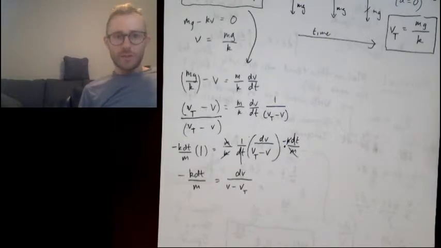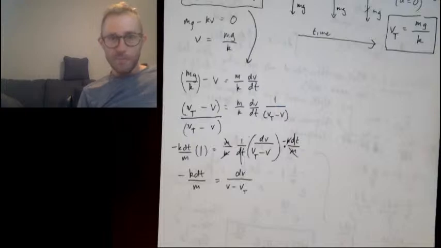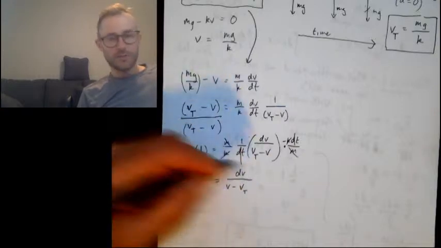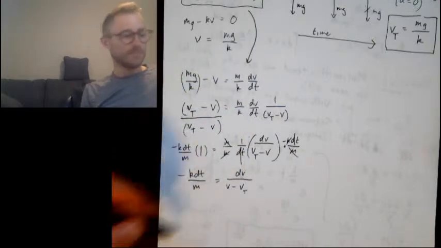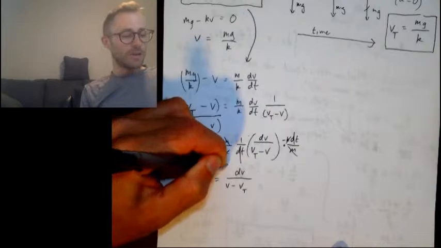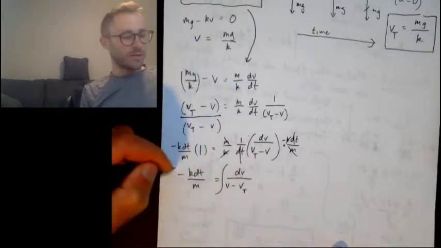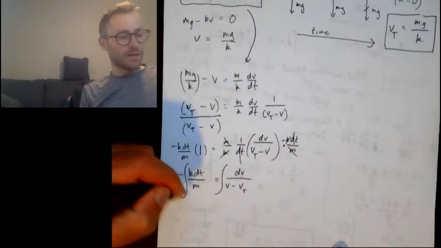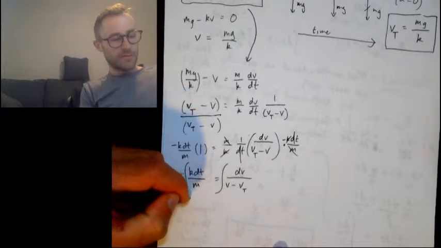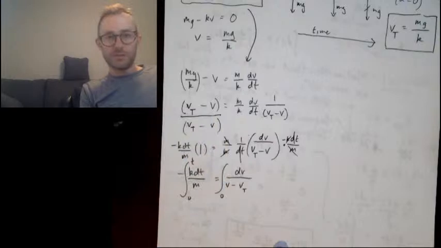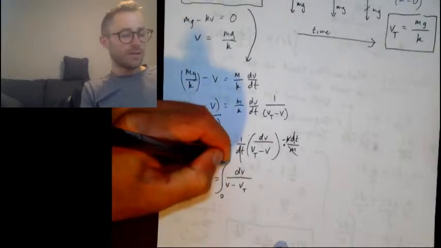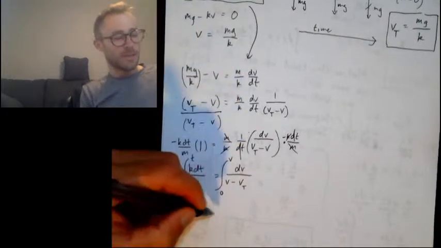So this is a separated equation because we have all the velocity terms on one side, and all the t terms on the other side. So now we integrate. Once we've separated, we integrate both sides from 0 to t, and the velocity, because it starts at rest, the initial velocity is 0, and the final velocity is v.